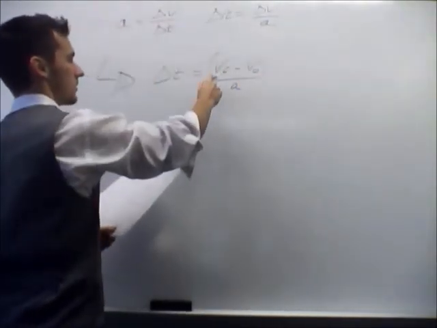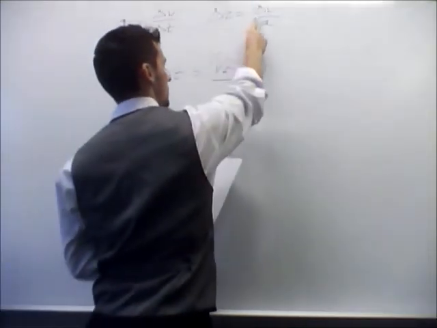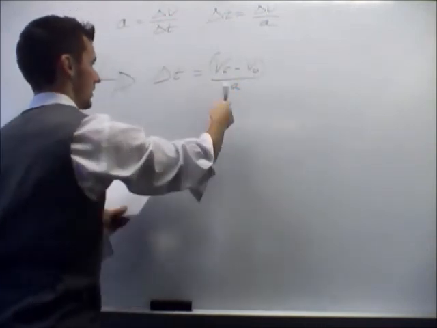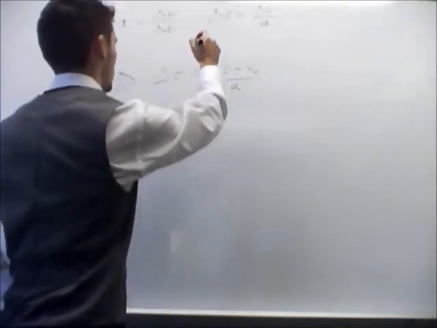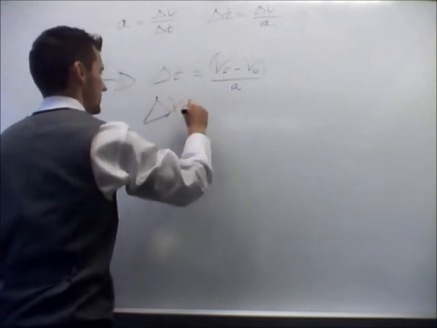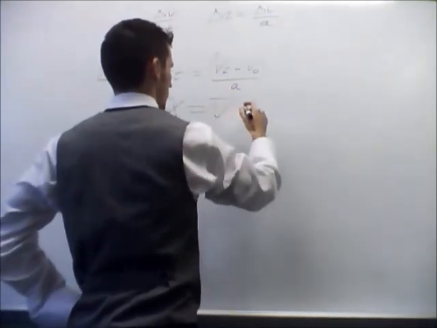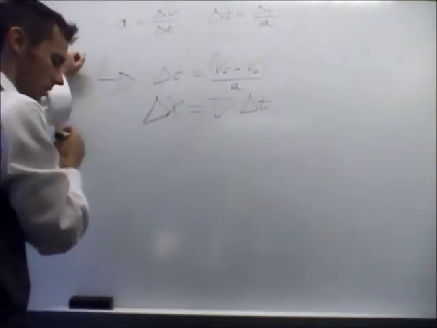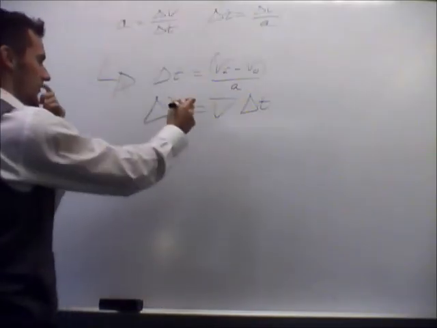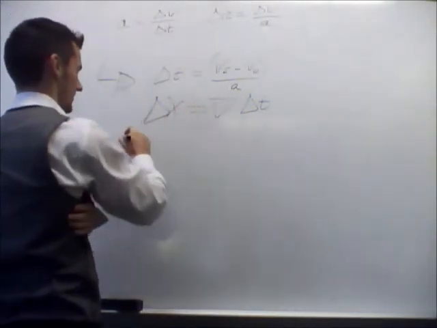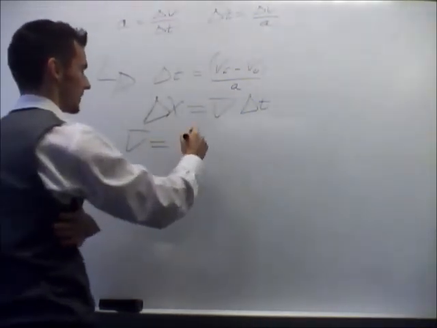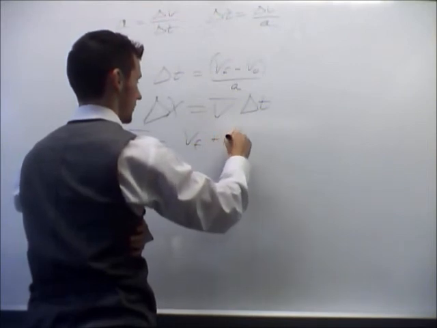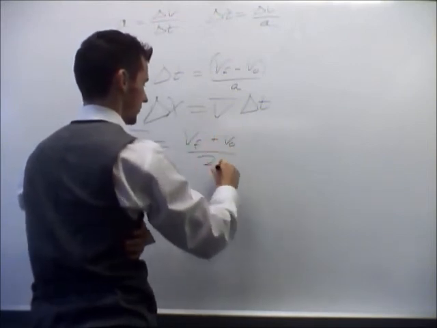And that's just what I explained in the beginning, where change in v is simply your final velocity minus your initial, and that's it. And now we also want to look at change in x is equal to the average velocity times change in t, and this is from the beginning. And we know that the average velocity is equal to the final velocity plus the initial velocity divided by 2, right?